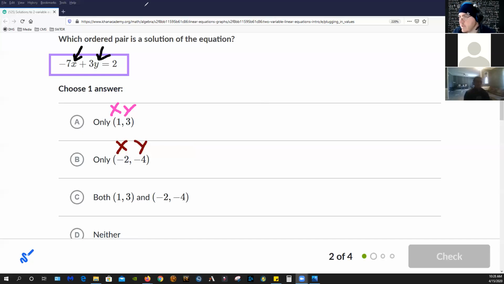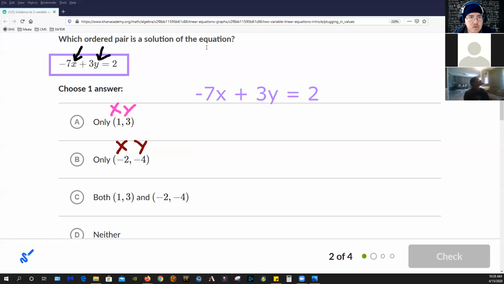Okay, I've got some people sounding off that they've figured it out. Let's see here. Okay, step one, rewrite my equation. I can do that. Negative 7x plus 3y equals 2. Done.